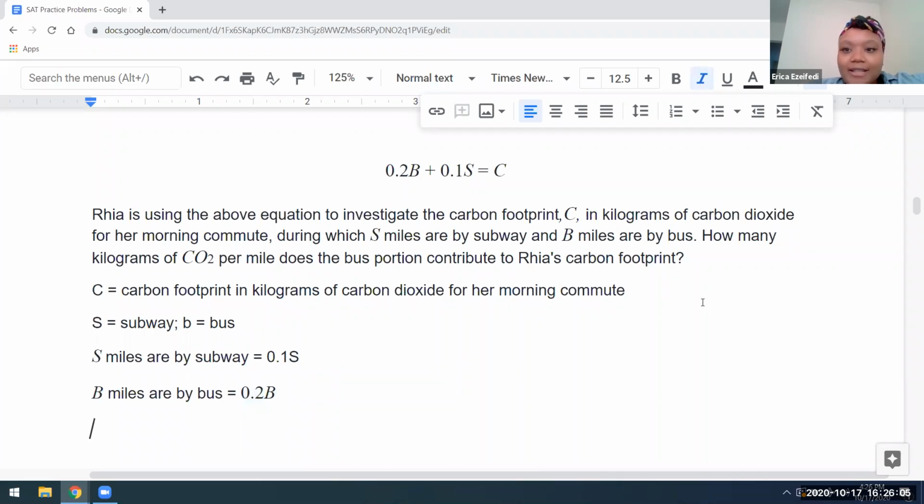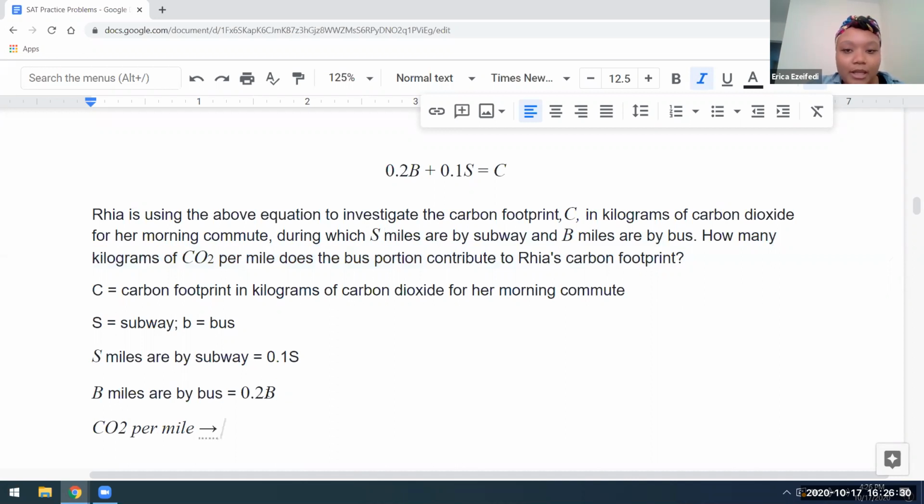So the question is asking us, how many kilograms of CO2 or carbon per mile does the bus portion contribute? So we're looking at CO2 per mile.